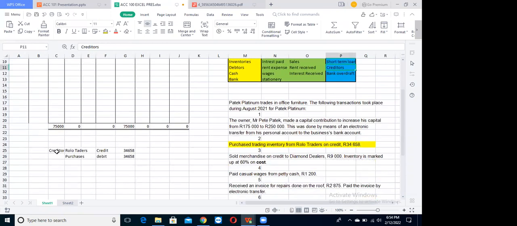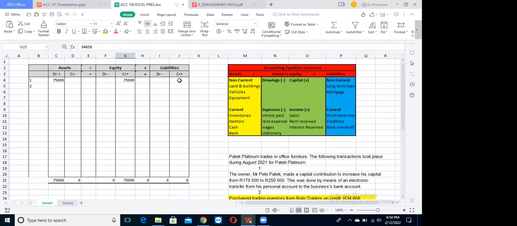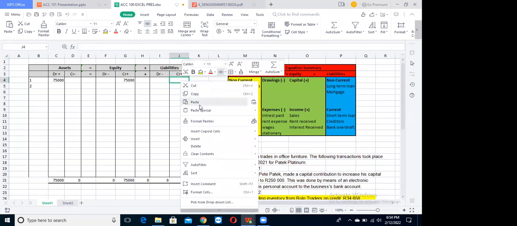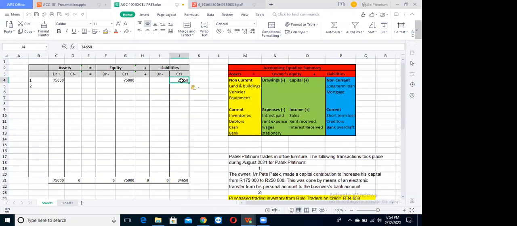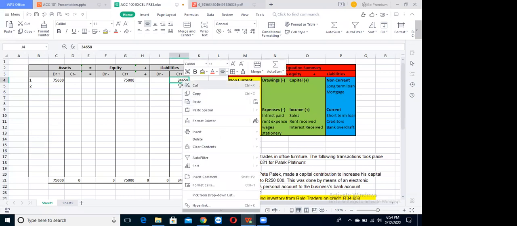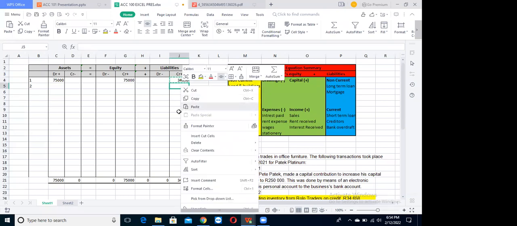Creditors, we find them under current liabilities. So we are going to credit current liabilities with an amount of 34,658. Sorry, we must put it at the bottom here.